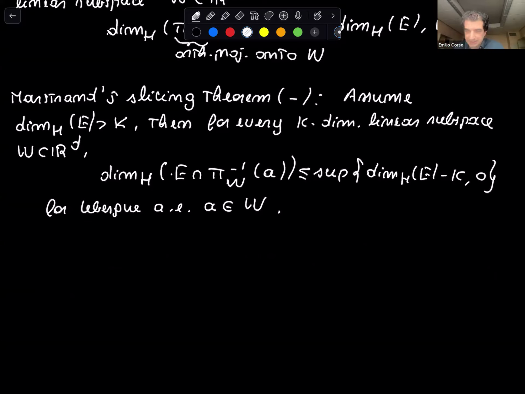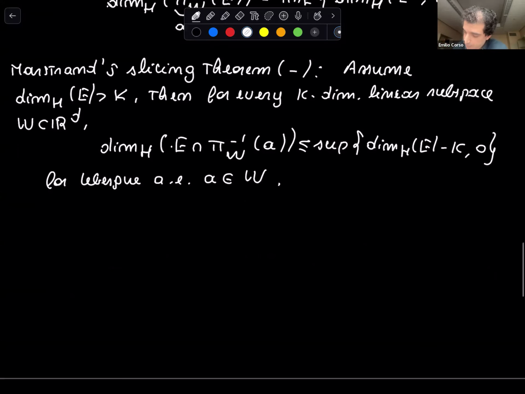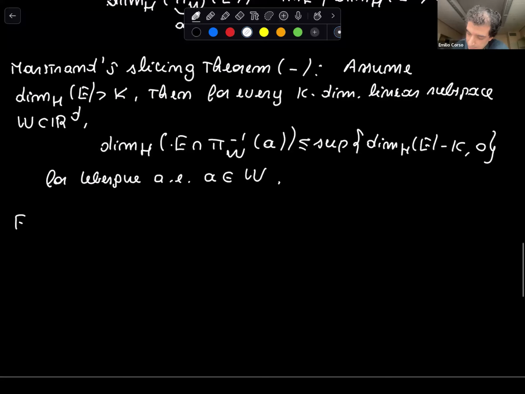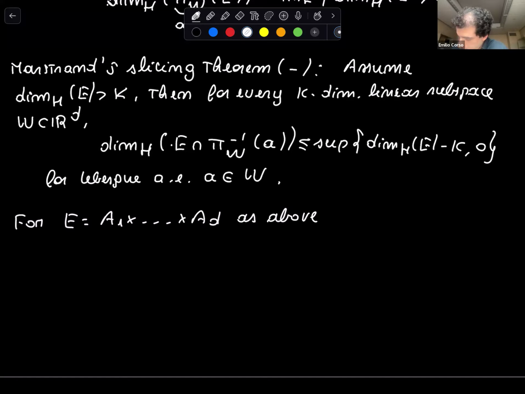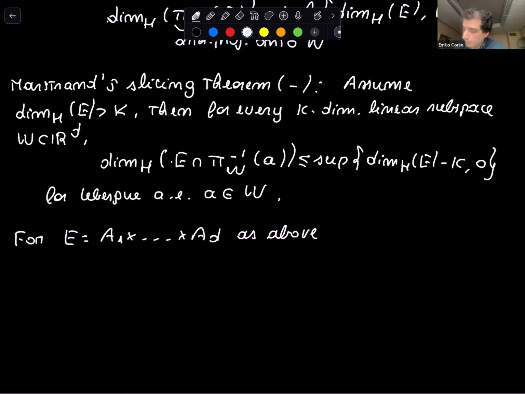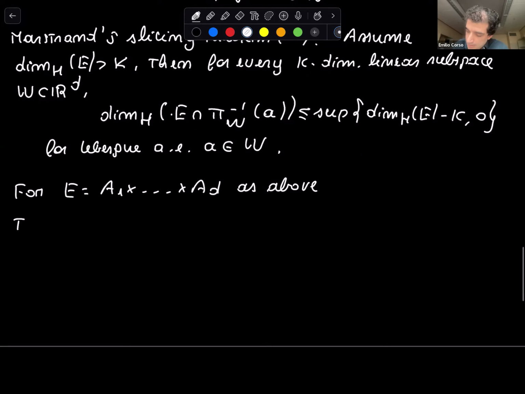These were Marstrand's theorems, which address the case of a general Borel set. Now back to the case of E equal to the product as above. Then how can we improve this? That's the theorem. Joint work with Pablo.